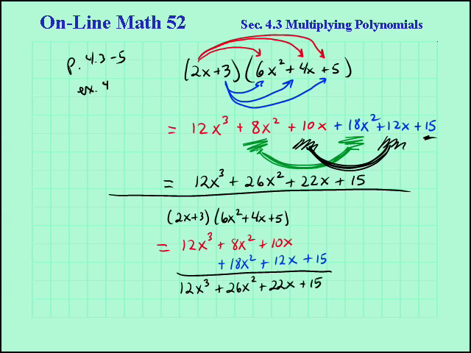2 different ways to do the same problem, obviously very similar, just a different way to organize those individual products and kind of align them up with their pairs of like terms. So anyways, that's example 4, and we'll move on to just a couple more examples, it looks like.